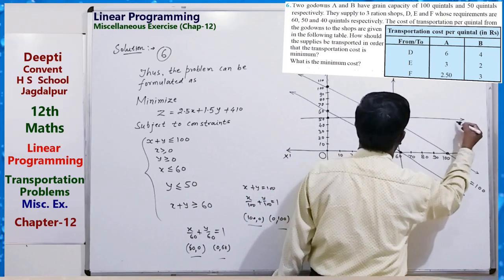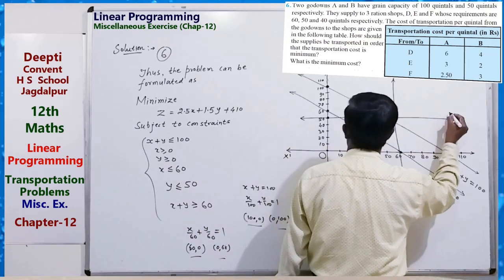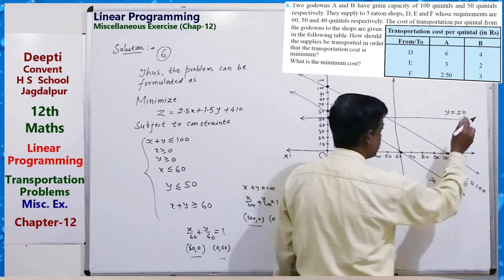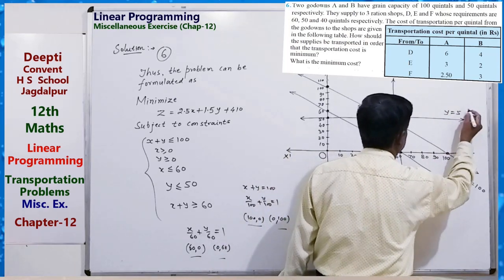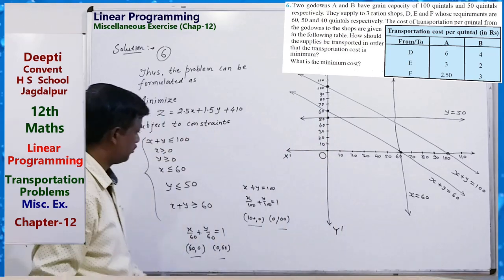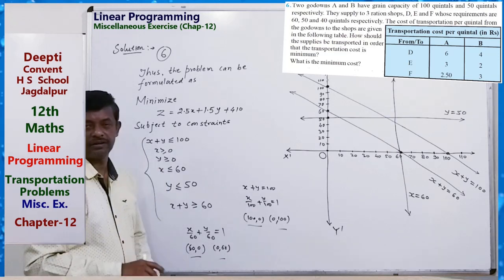This is y equals 50. Four lines are drawn. Now for the first, x plus y is less than or equal to 100.